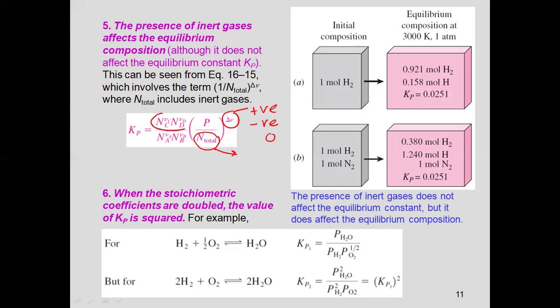So to adjust this, we need to increase this compared to this. That means in the equilibrium mixture, the percentage of the products will be more.